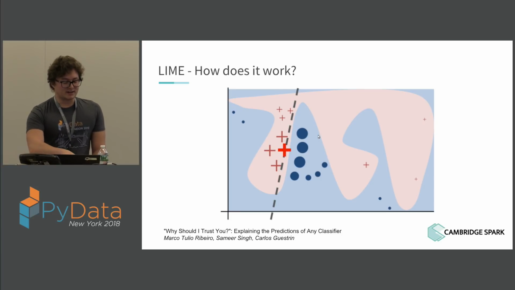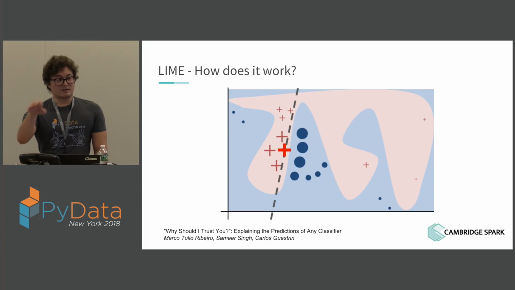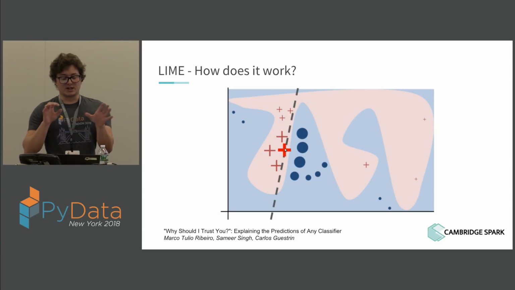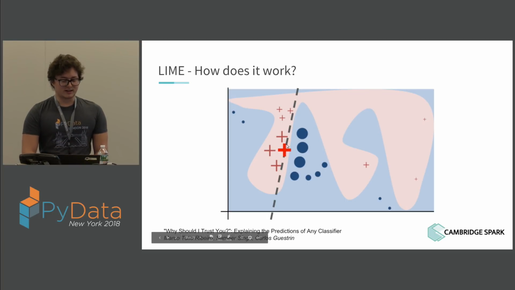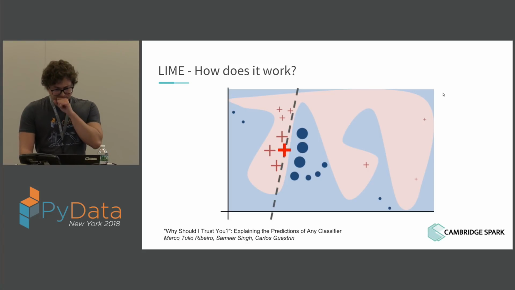So the way it does that is by sampling some data randomly around your observation. So you say, explain this red cross here. It will generate some data by sampling from the distribution of your original data, and then it will fit a linear regression in the locality here, and use the weights of that linear regression as an explanation.